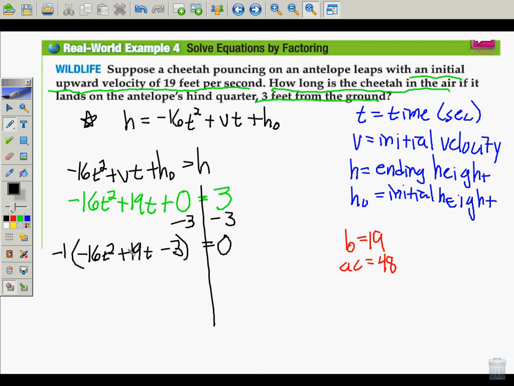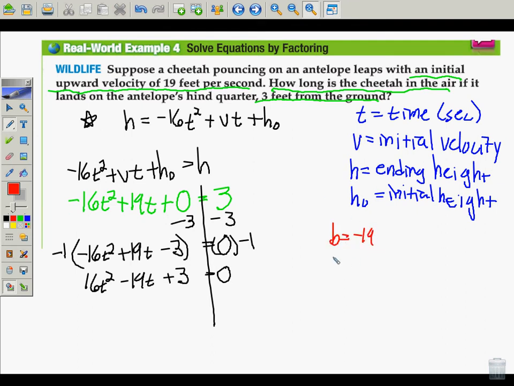So then we'd have positive 16t squared minus 19t plus 3 equals 0. That's probably a little easier to work with. Okay? So we're actually going to say b is negative 19. AC would still be positive 48, but we'll let b be negative 19. This will just make things a little bit easier for us.